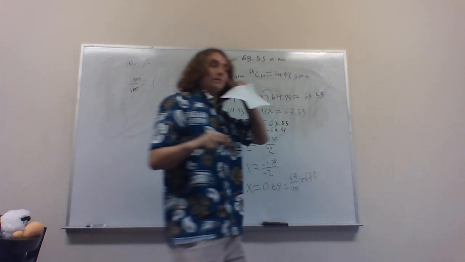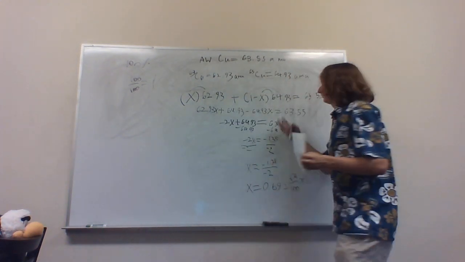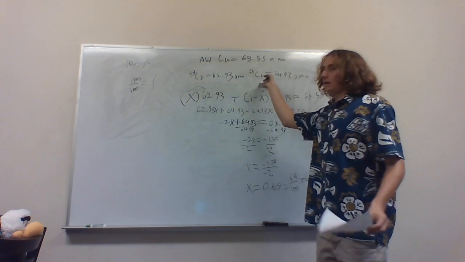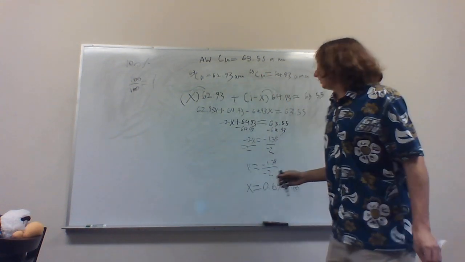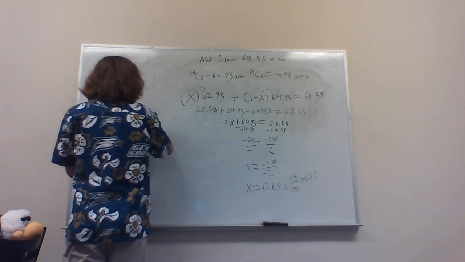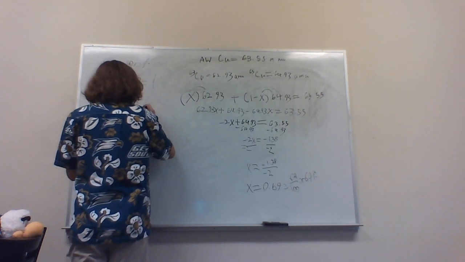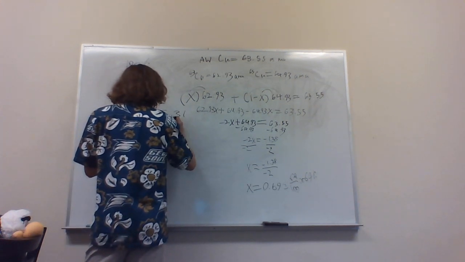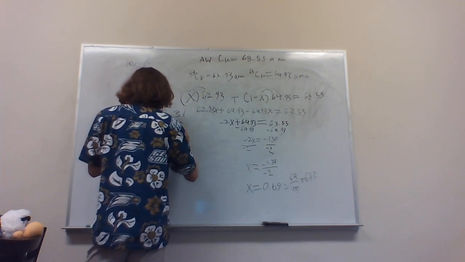Now we need to figure out the natural abundance of the isotope with mass number 65, which is pretty easy. You just do 1 minus 0.69, and this equals 0.31, or 31%.